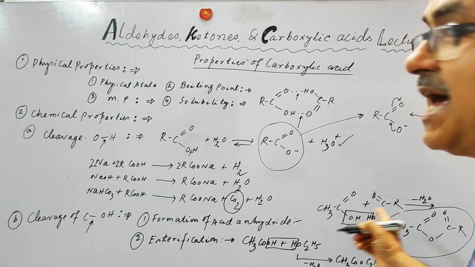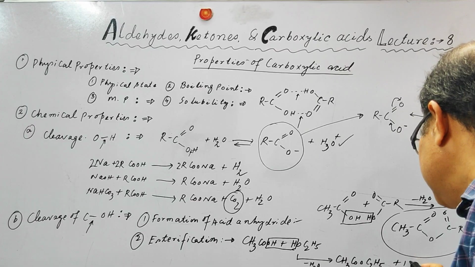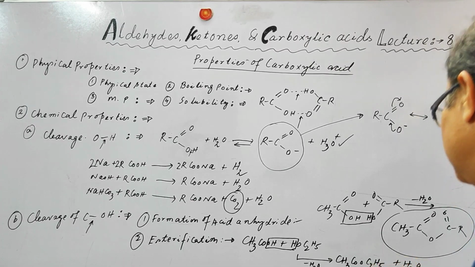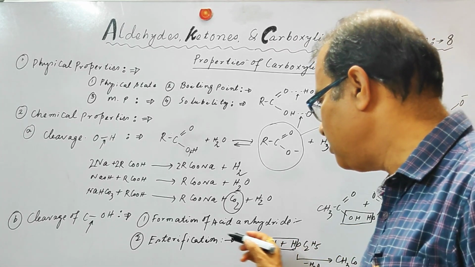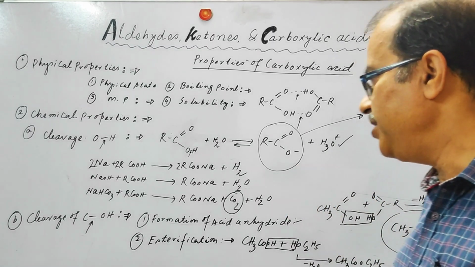This is ethyl acetate, this is the ester, and it is going to produce H2O. So in this reaction also you can easily observe that there is a cleavage of the C-OH bond.